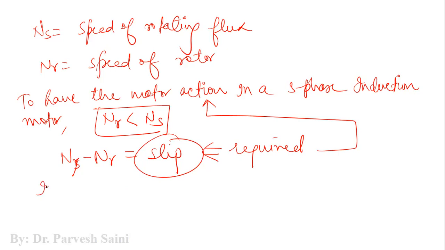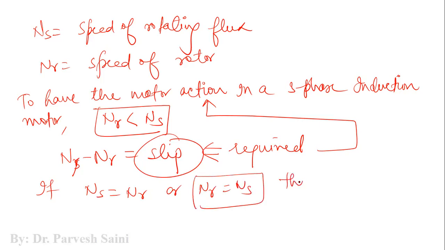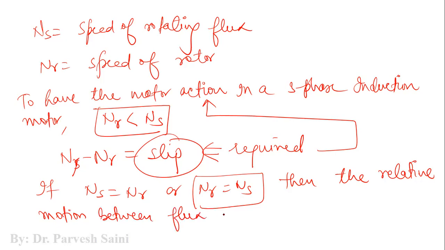If ns is equal to nr, then the relative motion between flux and conductor is zero.